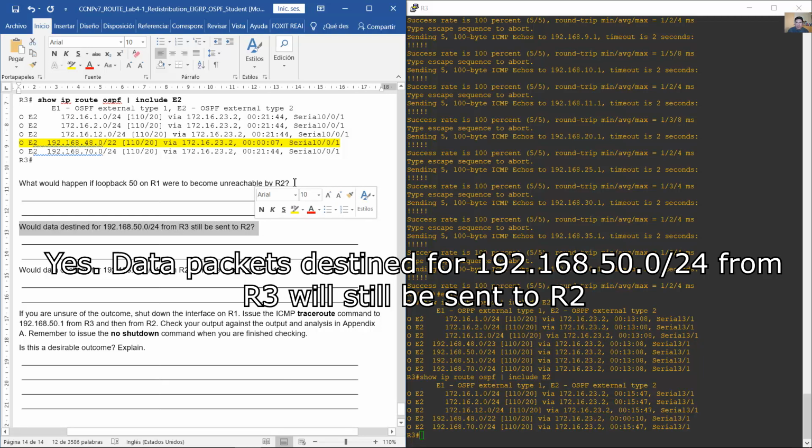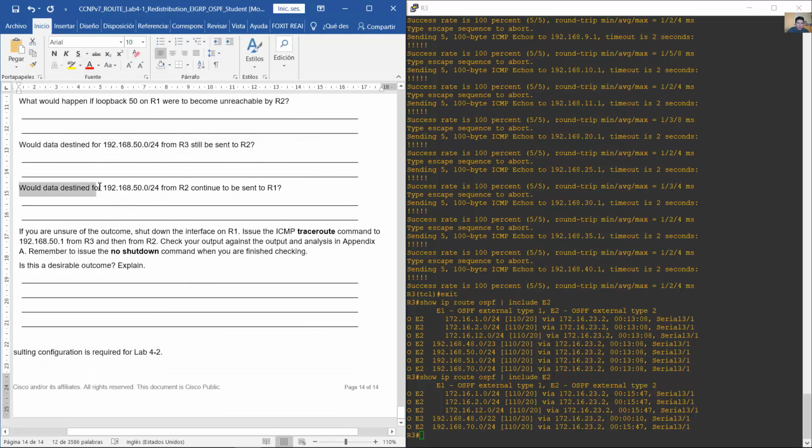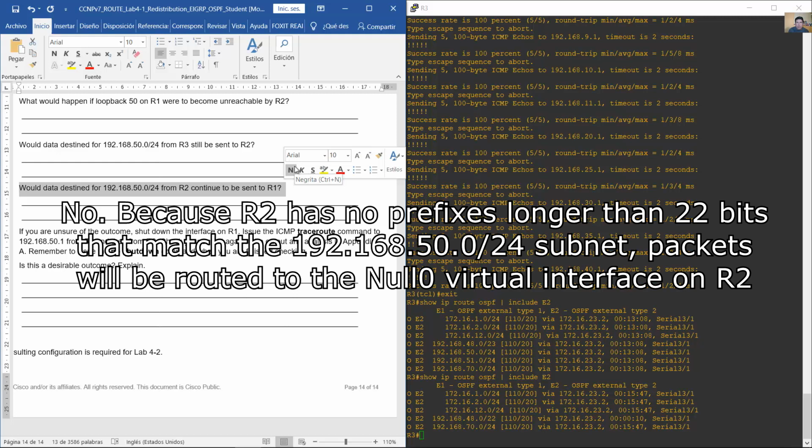Yes, data packets destined for 192.168.50.0/24 from R3 will still be sent to R2. Would data destined for 192.168.50.0/24 from R2 continue to be sent to R1? No, because R2 has no prefixes longer than 22 bits that match the 192.168.50.0/24 subnet. Packets will be routed to the Null0 virtual interface on R2.